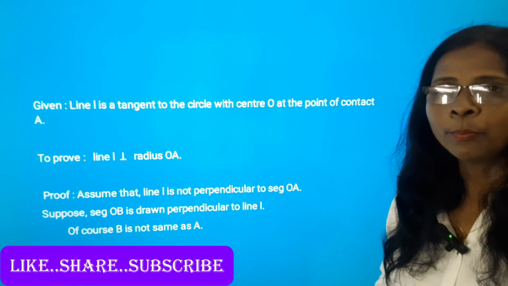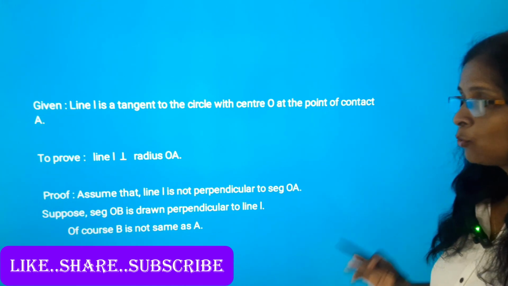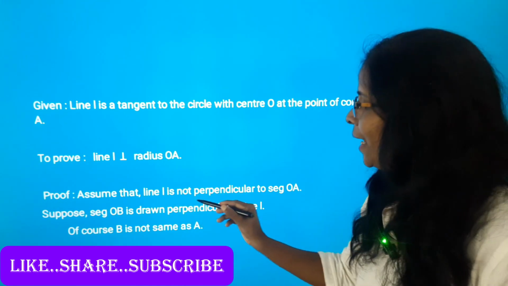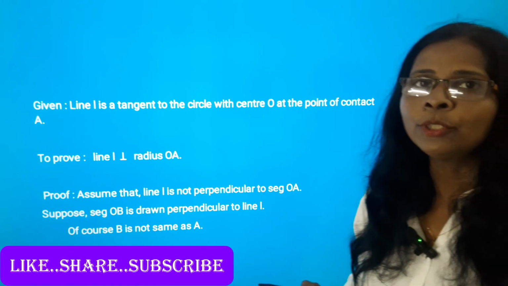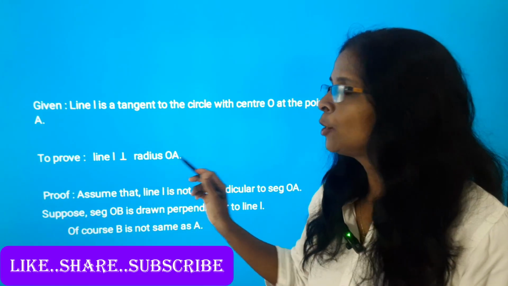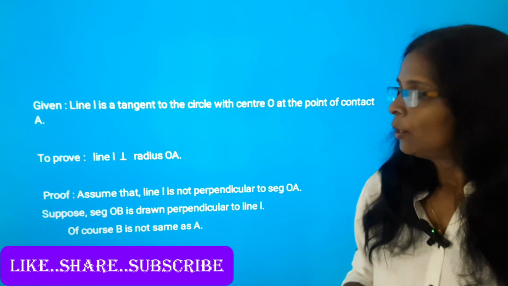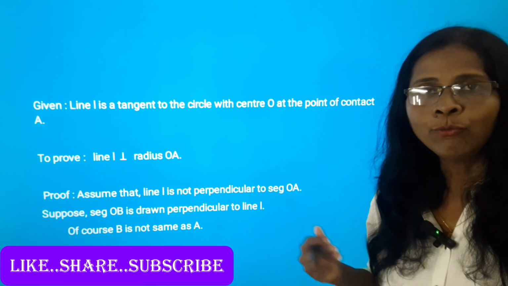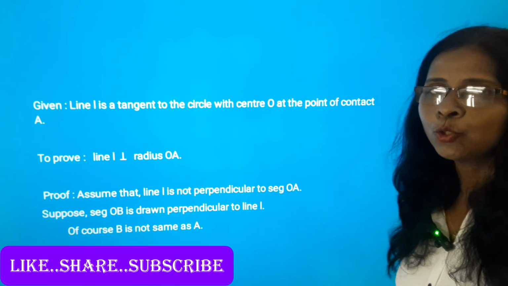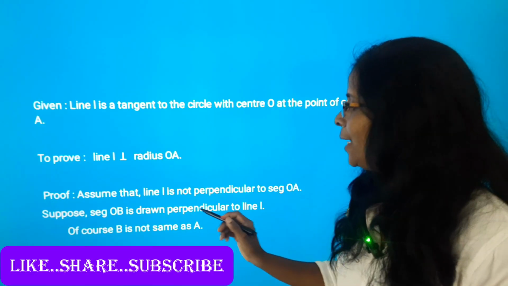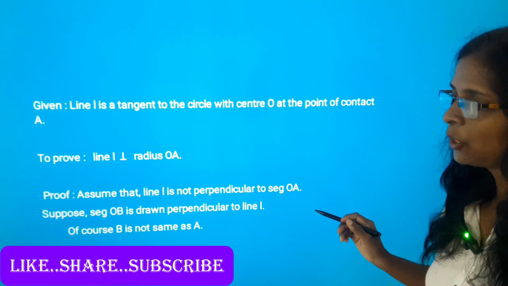So how can we prove this theorem? First we indirectly assume that line L is not perpendicular to segment OA.